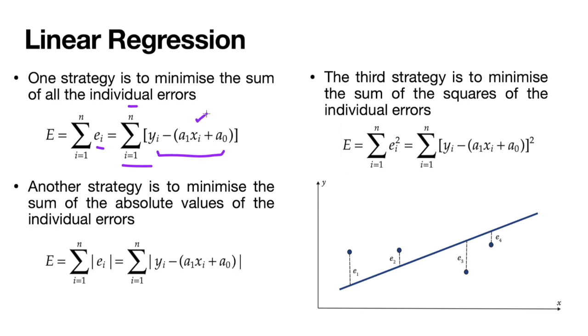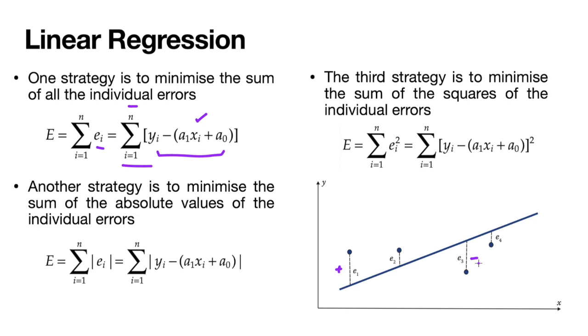But there is one downside of this method. E1 is a positive error, and E3 is a negative error. So E1 and E3 could cancel out in this summation. It will show us that our error is less, but the error will still remain there.